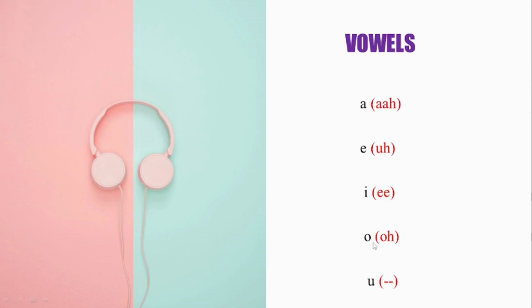As you can see with O, E, and A, these are written representations of how these vowels would sound in English. So again, we have A, E, I, O, U, those are the vowels in French.